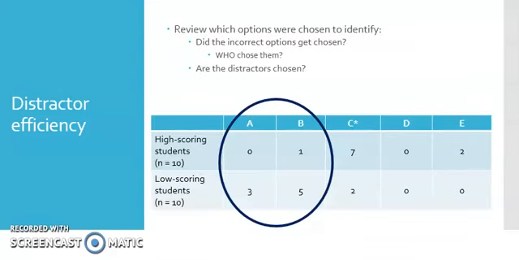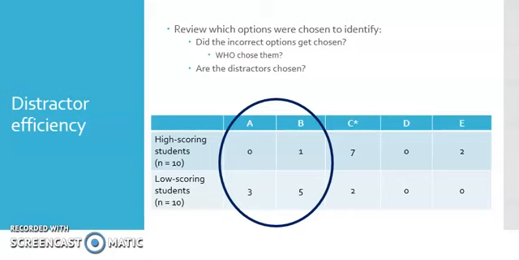So let's look at these. In this test item, there were 5 choices. We're going to separate the high scoring students from the low scoring students, just like in item discrimination. And we can see with A, 0 of the high scoring students chose that, but 3 of the low scoring did.